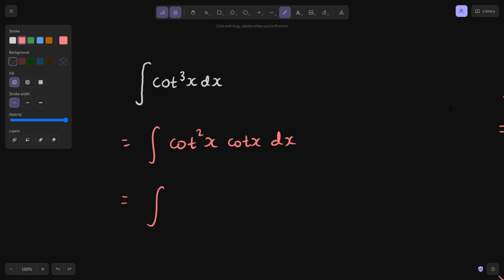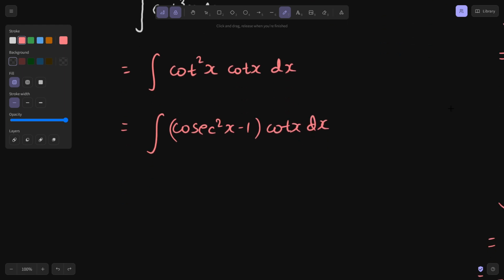Now we know that identity 1 plus cot²x equals cosecant square x. From here you can write cot²x as cosecant square x minus 1, and this cot x is there.